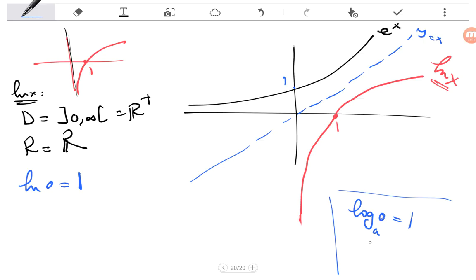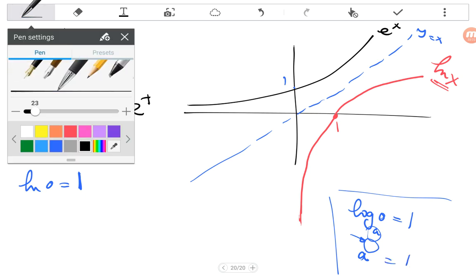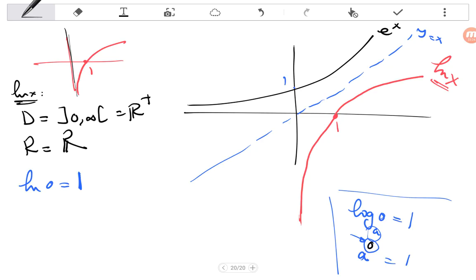Because for any base a, what is the exponent that I need to put on a in order to get a value of 1? That will always be equal to 0. So the logarithm of 0 will always be equal to 1. So ln 0 is equal to 1. Okay, also we have ln infinity. What is ln infinity?